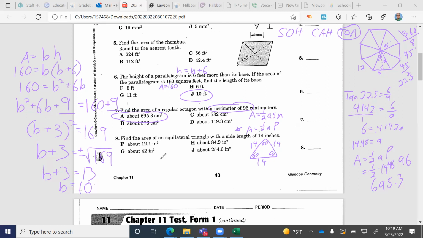Our formula using side angle side was 1/2 a b sine of C. This was 2 sides and the included angle. So we have everything we need to plug in to this formula. And you can plug it straight into your calculator. You don't have to do any extra work.